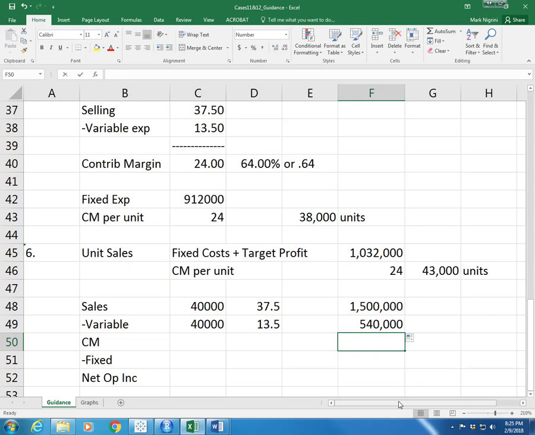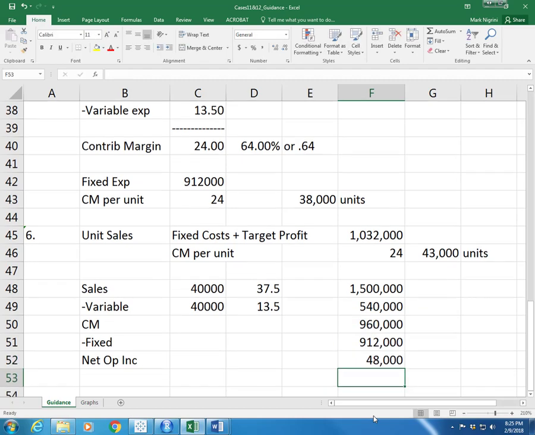Contribution margin, 960. Fixed expenses there, calculated as 912. Net operating income, should be able to do it in your head or on your phone, 48,000.